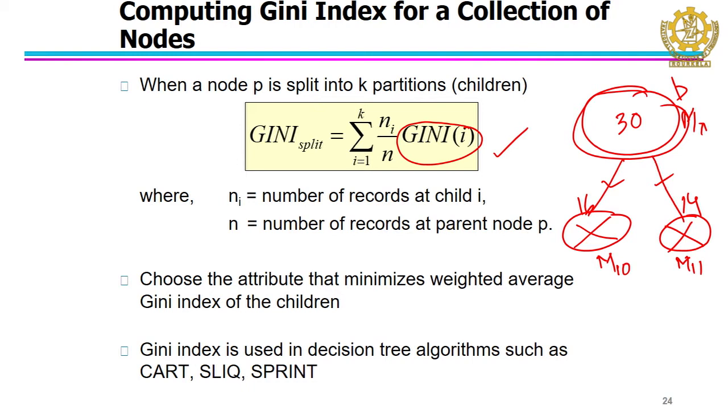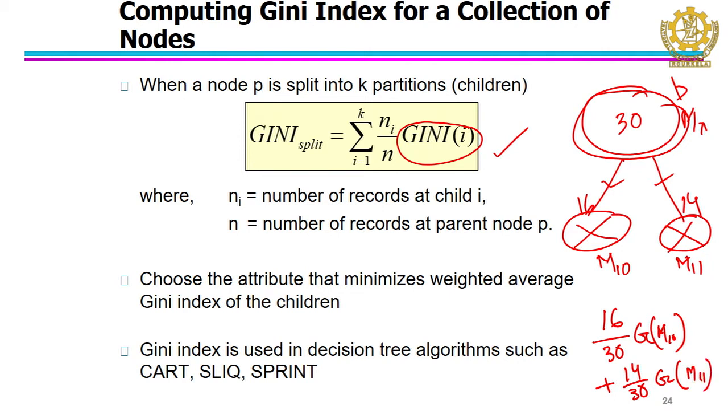What is that weighted sum? 16 divided by the total number of nodes at the parent, that is n_i by n. So, here 16 divided by 30 times the Gini of this node M10, plus 14 divided by 30 times the Gini of this node, M11.